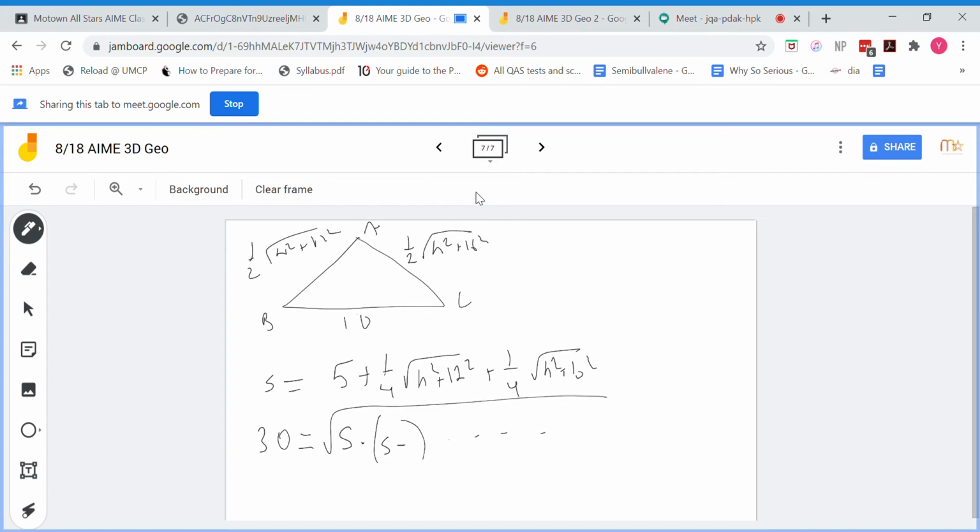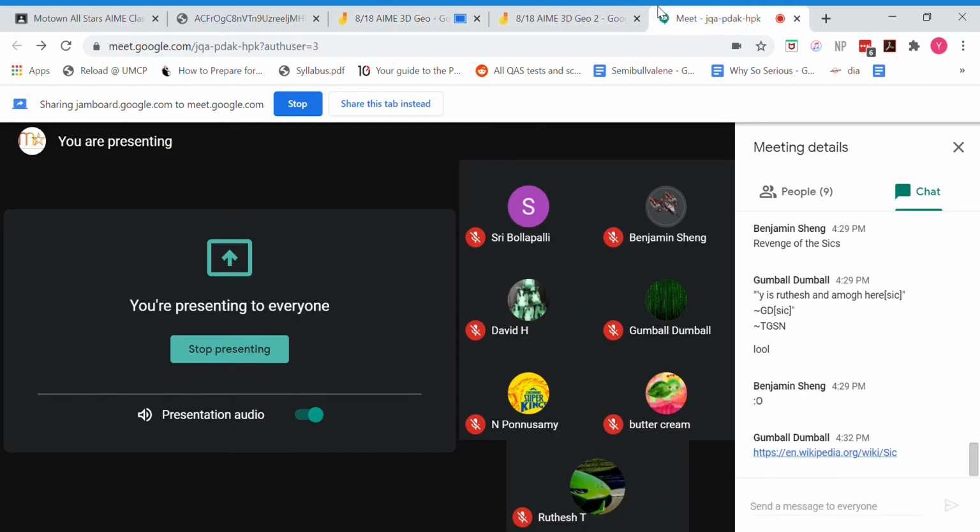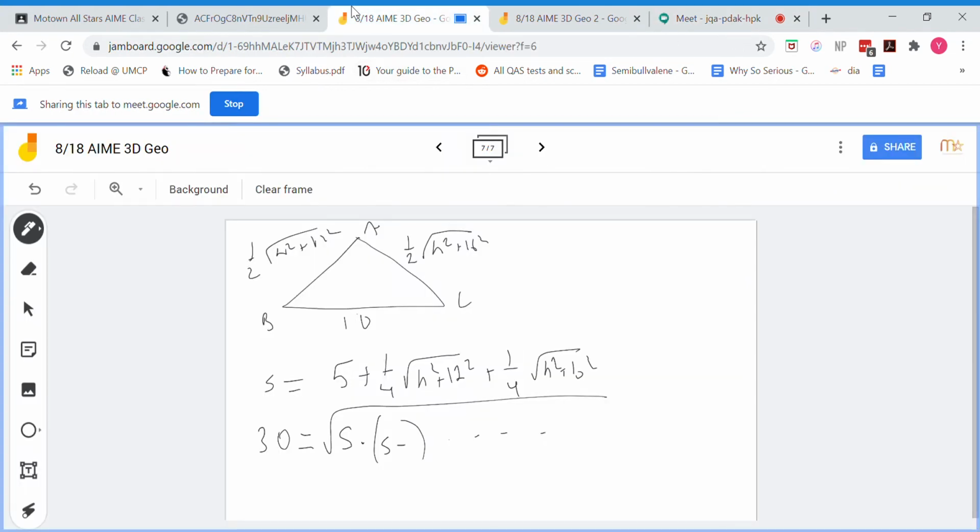So one way we can do this is we know the area, right? And the only reason we applied Heron's formula is because we knew all the sides. But where might we go with the area if we know a single side? We know that this is 10. So from there we can conclude that the height right here is 6, right?